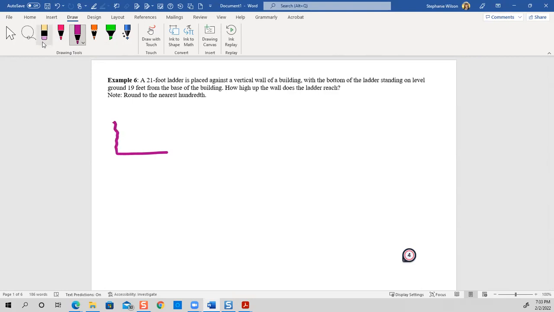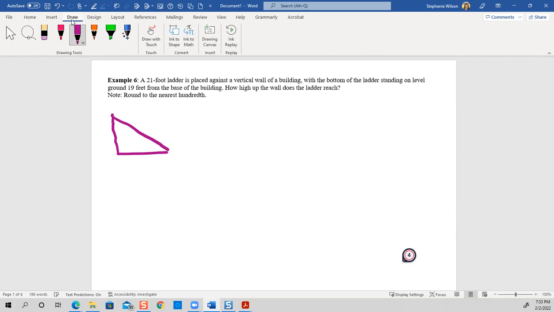I need a ruler right here. All right, I'm fixing to give up on this. Sorry guys, thank you for bearing with me. I'm not a drawer. But anyway, this is the wall of a building, and now we have this angle going from it.